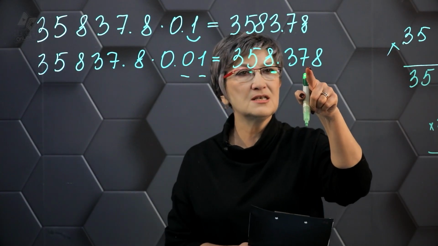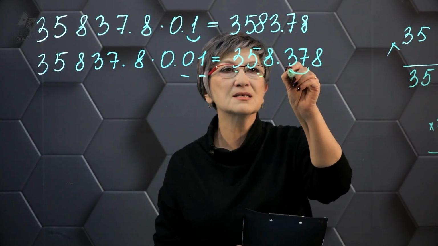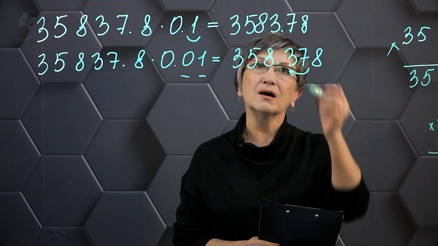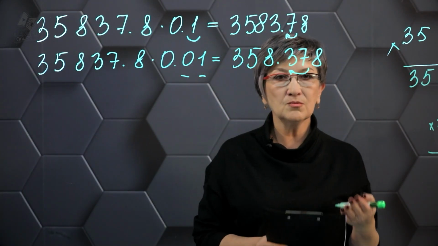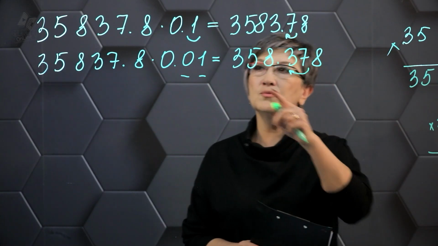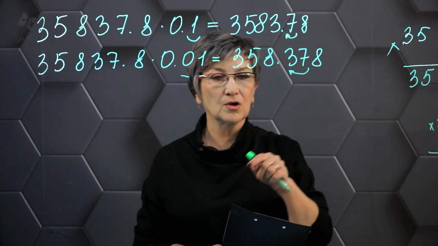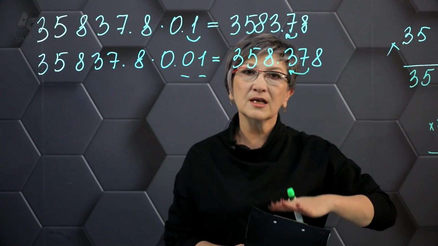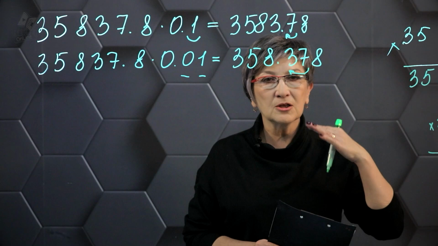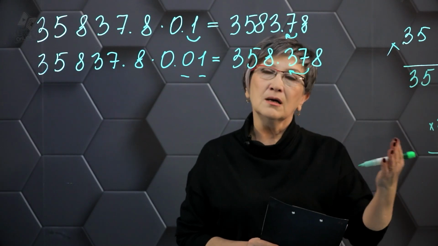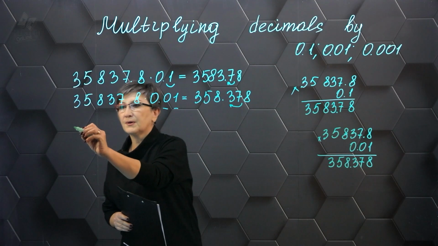And our decimal point has moved 2 digits to the left. By multiplying by various decimal fractions, 1/10, 1/100, even 1/1,000 or 1/10,000, we can reach the conclusion. I can utilize that particular rule, and let us proceed to apply that same rule now.